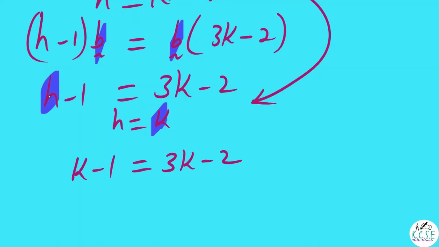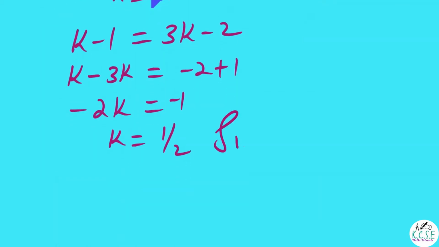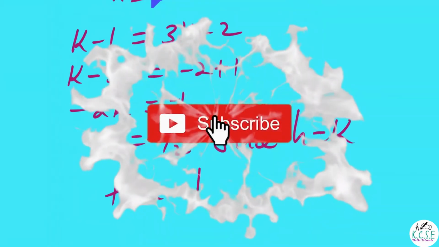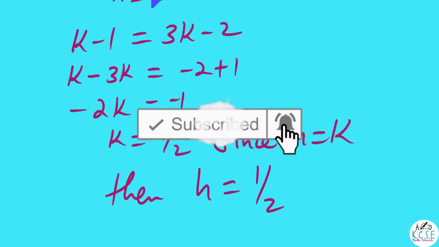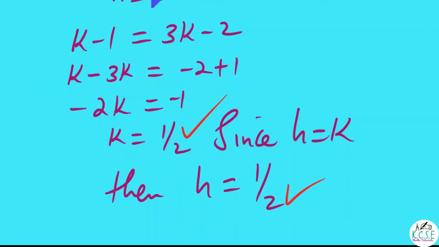We have substituted this H with K since H is equals to K. So like terms together, bring this K to one side, then negative 1 to the other side, so we get negative 2K is equals to negative 1, and therefore K is equals to a half. Now since H is equals to K, then H should be equal to a half as well. So the two solutions are H is equals to a half and K is equals to a half, and that is how we're supposed to work out that question.